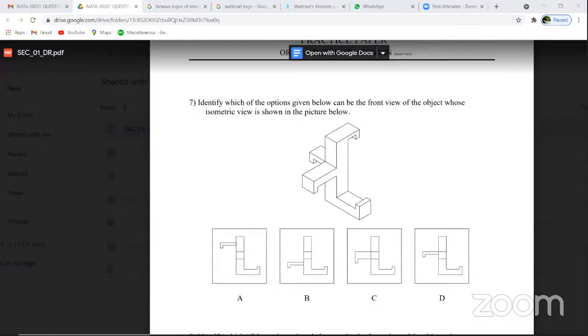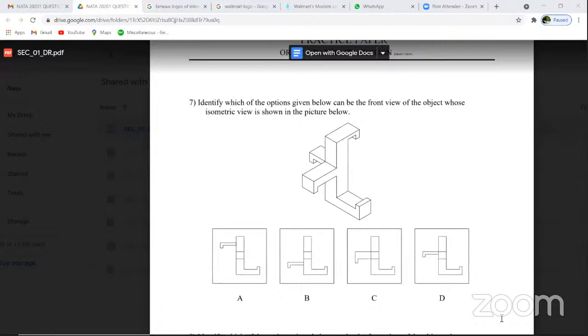No improvement. Not clear. You will see the screen. Yes, ma'am.